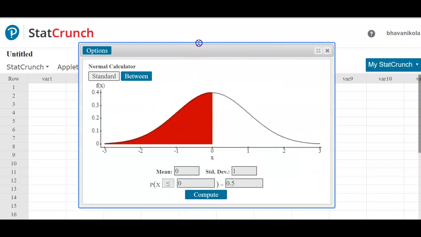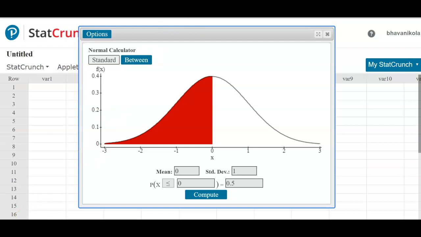So there's certain things that you have to look into here. The first thing is this is a standard normal curve. How do I know? The mean is 0 and standard deviation is 1. Do you see the mean is 0, standard deviation is 1. And the way you read this is probability of x less than or equal to 0 is equal to 0.5.